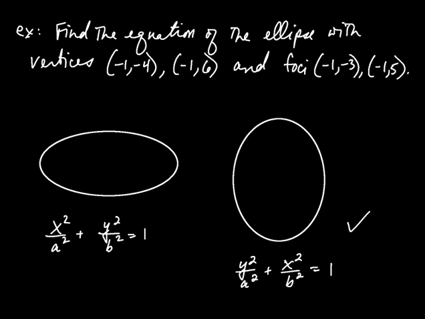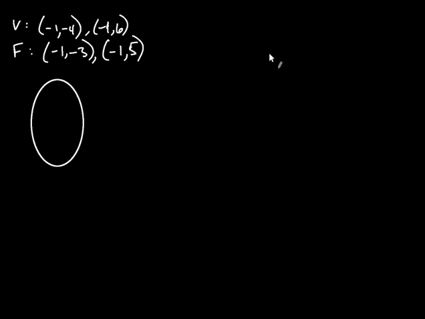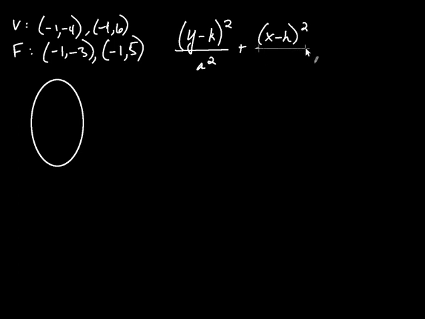Okay, so with that in mind, let's go forth. So this is the information we have. These are the vertices, and these are the foci, and our ellipse looks like this. Now, to account for shifts, we're going to write the ellipse in the following form: (y - k)² / a² + (x - h)² / b² = 1.